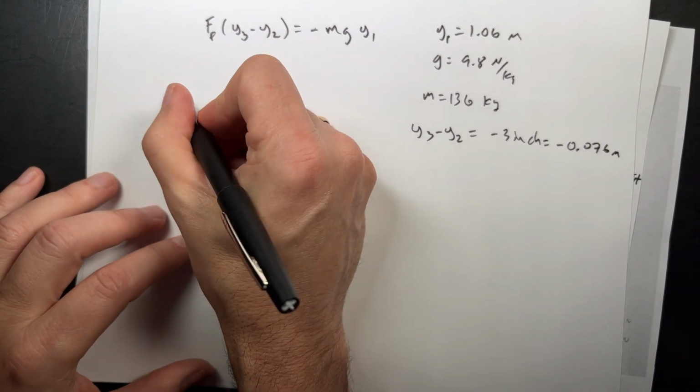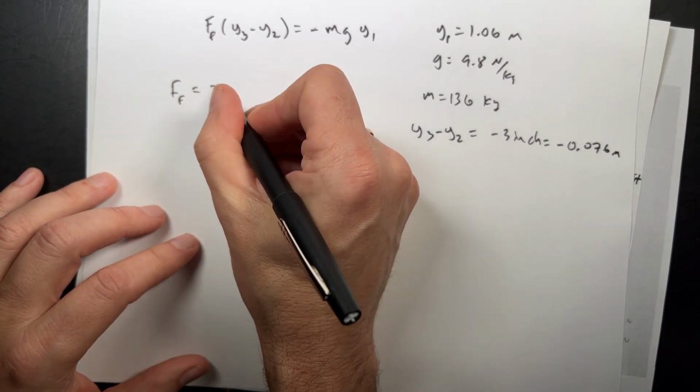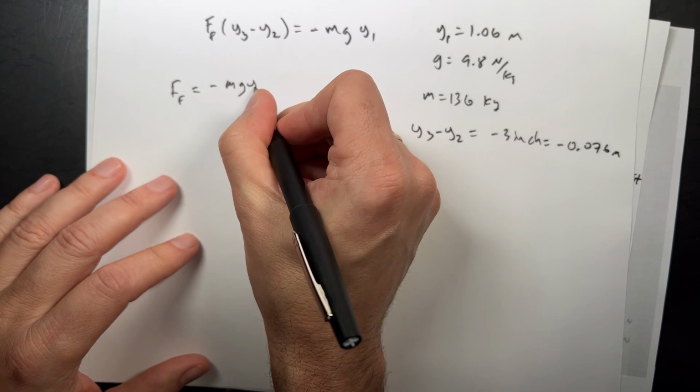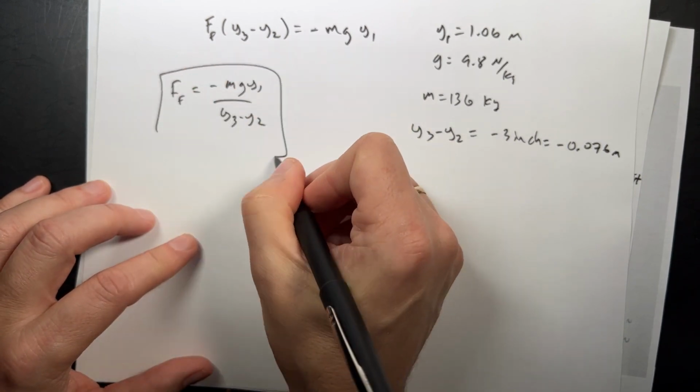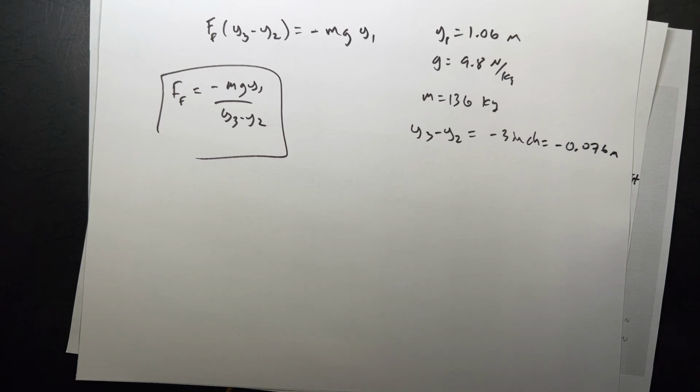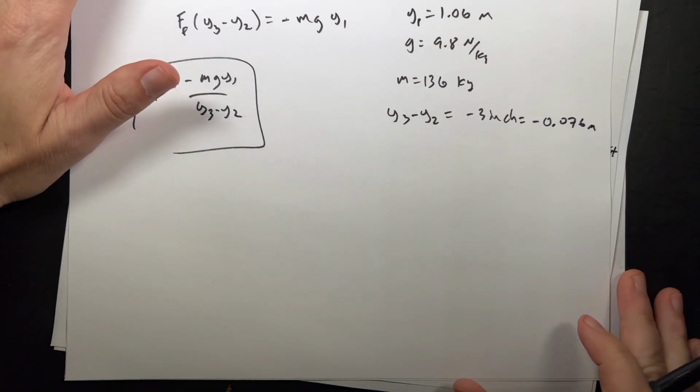And then you can solve this for the force. The force equals negative mg y1 over y3 minus y2. And there you go. And you should get the same value. But I think it's a much better way.